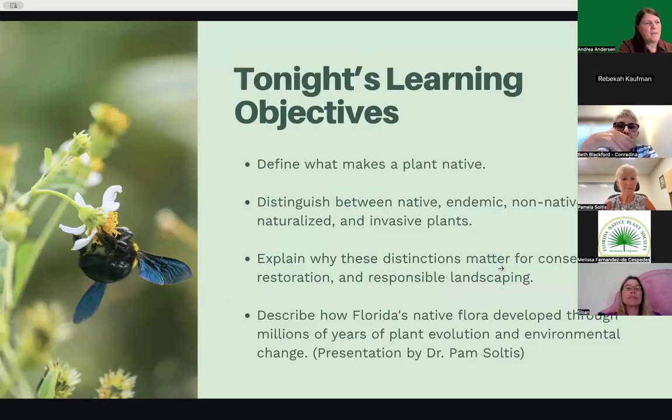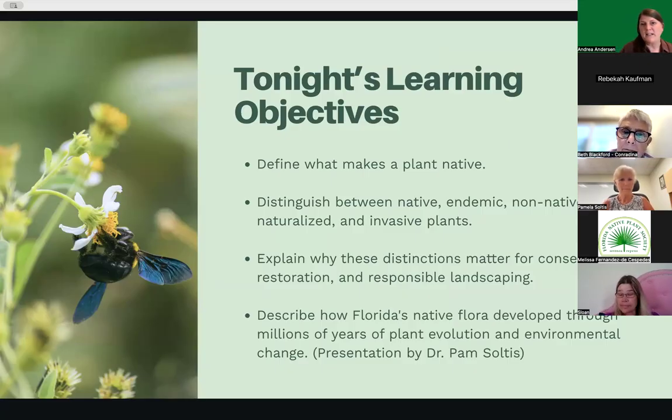So before we dive in, I'd like to just look at our goals for this evening. We're going to be defining what makes a plant native, what's the difference between native, endemic, non-native, naturalized, and invasive plants.